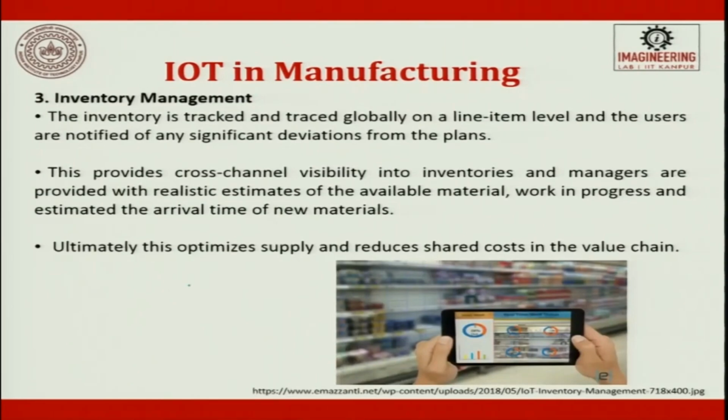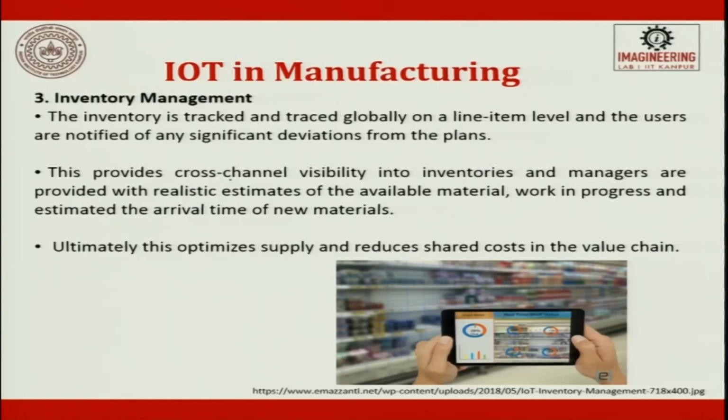So, the inventory management system implemented in manufacturing is tracked locally as well as globally at a line item level, and the users are notified of any significant deviation from the plan. I was giving you an example of a supermarket. In the same way, you can also do inventory by taking photos or images, noting them and understanding them.